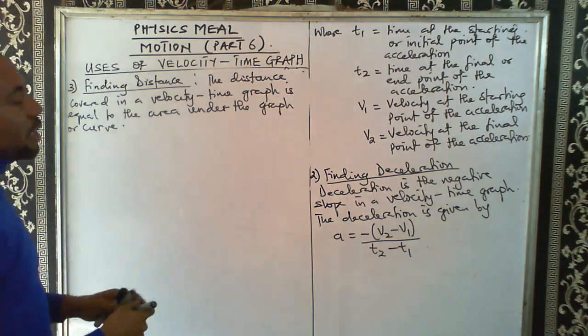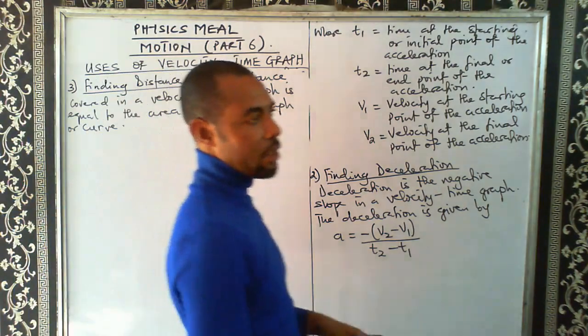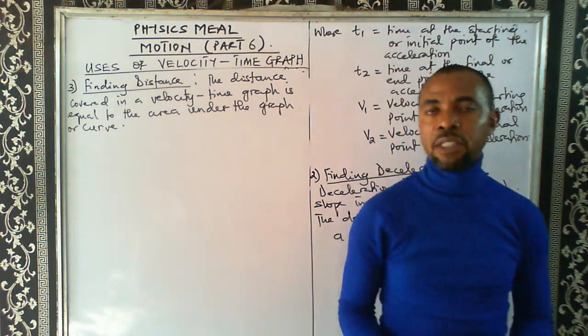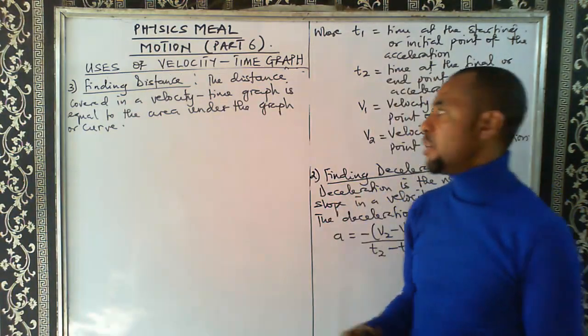So the total distance covered is the area under the graph. When you find the area under the graph, you find the distance.